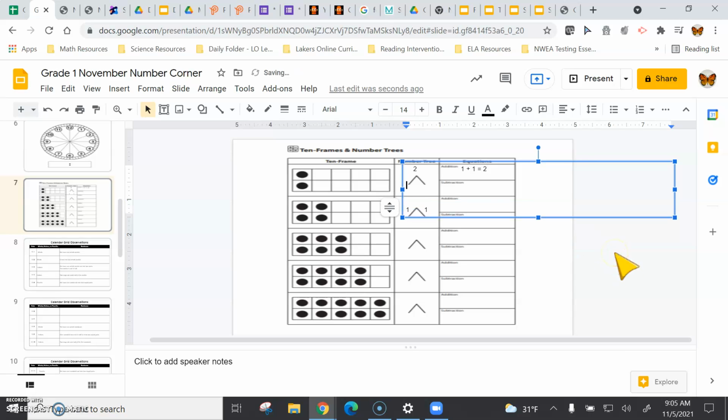If we were writing a subtraction fact for that, we would put the answer to that double, 2, minus one of the numbers that we were adding, minus 1, would equal 1. I'm going to show you that in a bigger way.